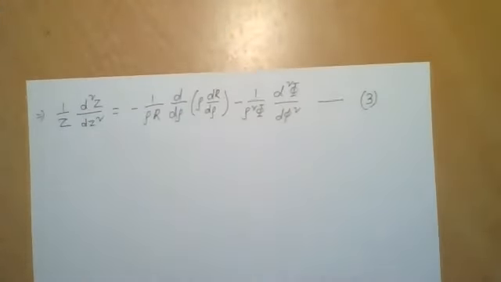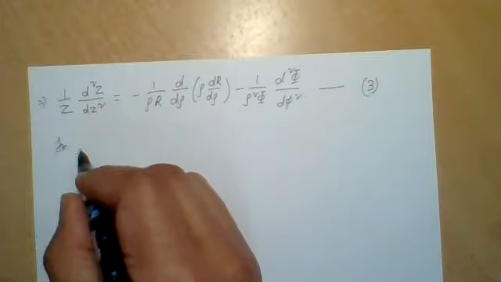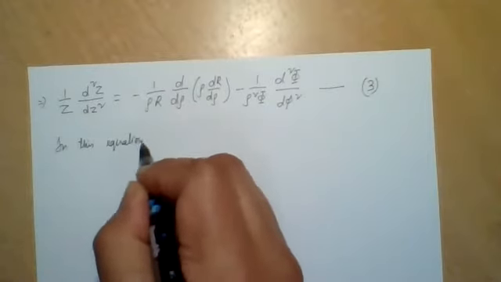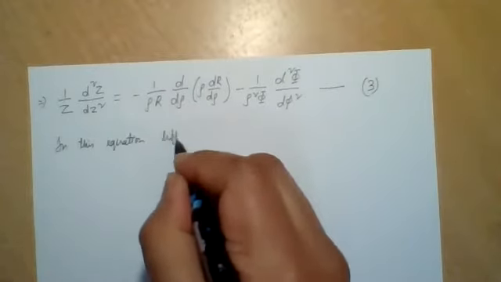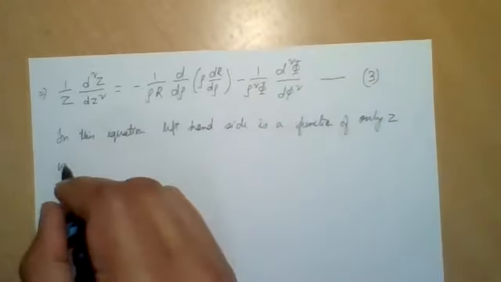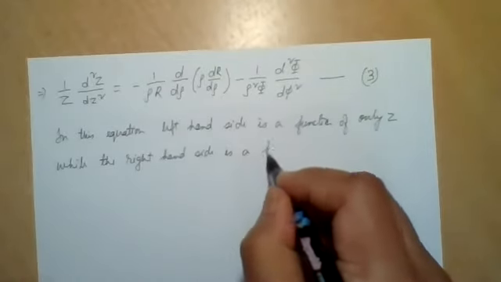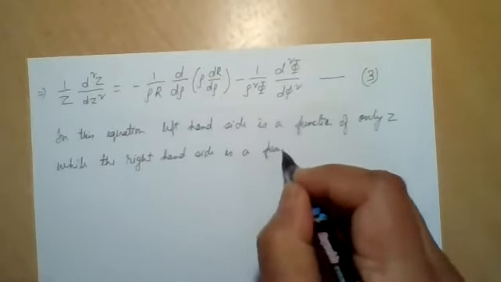Now in equation number 3, the left hand side is a function of z only, while the right hand side is a function of rho and small phi only.